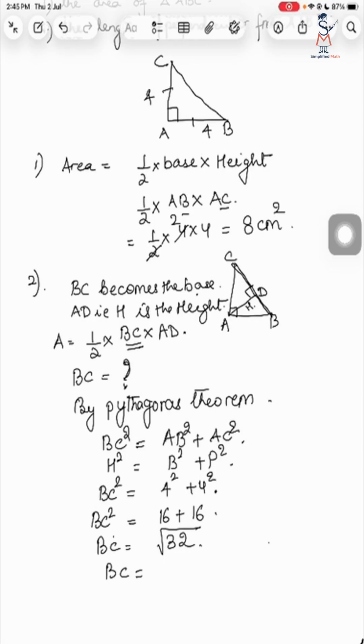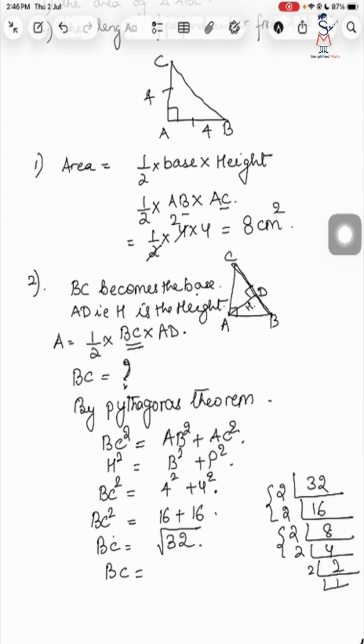Now what is the square root of 32? We can factorize 32: 2 into 16, 2, 8, 2, 4, 2, 1. So now we'll take pairs: 2 into 2 into 2 into 2 into 2.